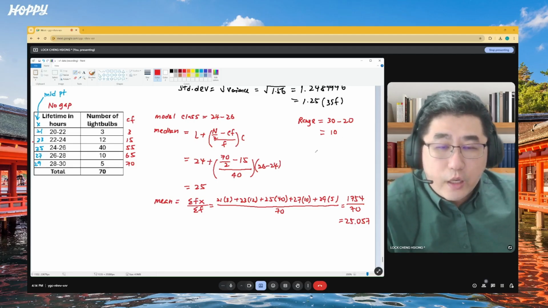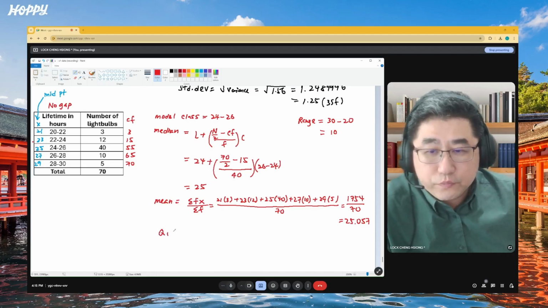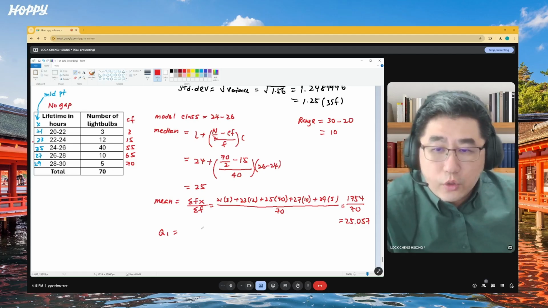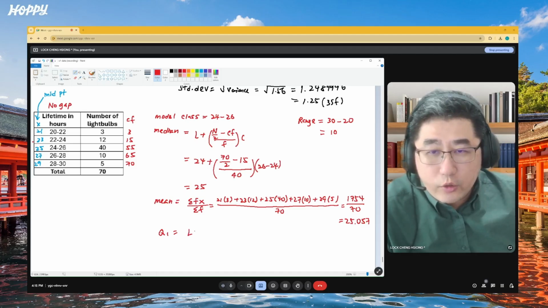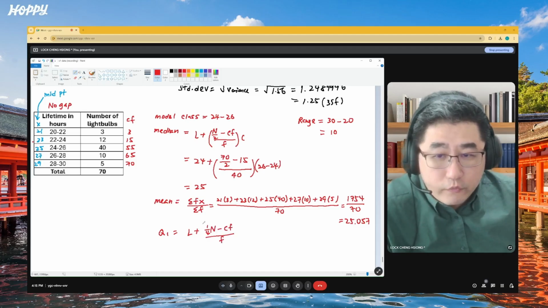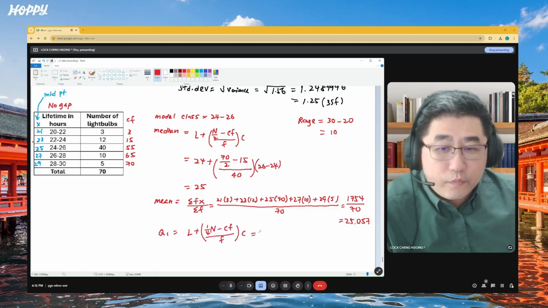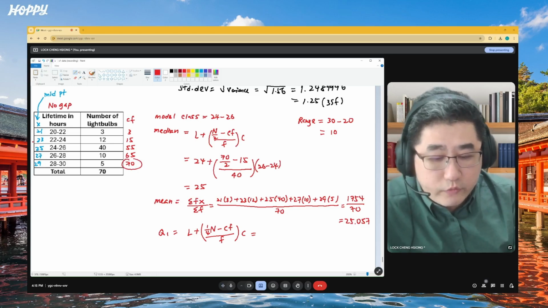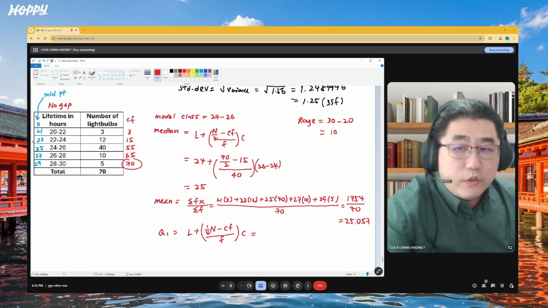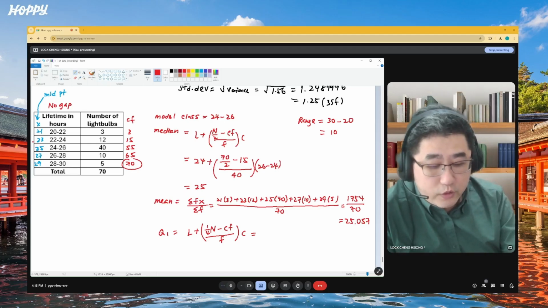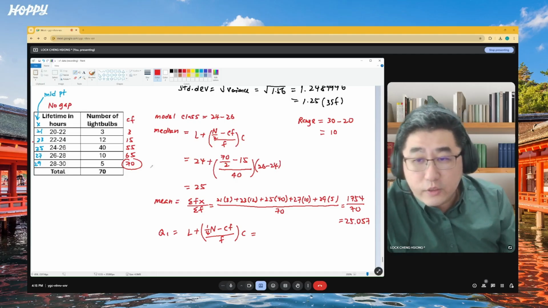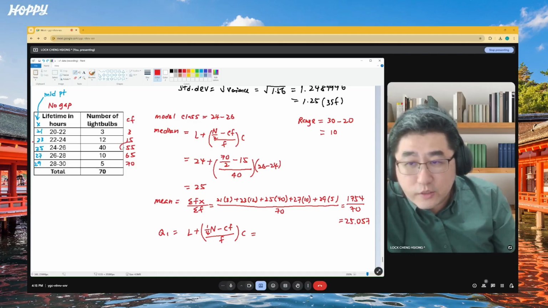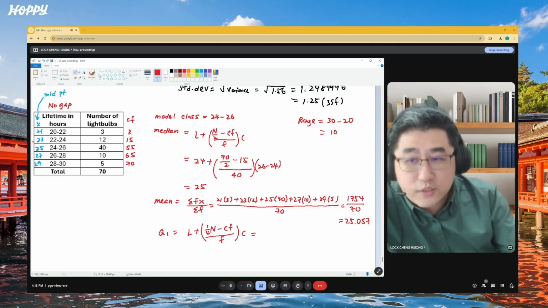After that, I will have my Q1. Q1 also uses the interpolation formula: L plus 1 over 4n minus CF over F times C. The total data is 70, so 70 divided by 4, I have 17.5. Where does 17.5 lie? It lies in 24 to 26 again.